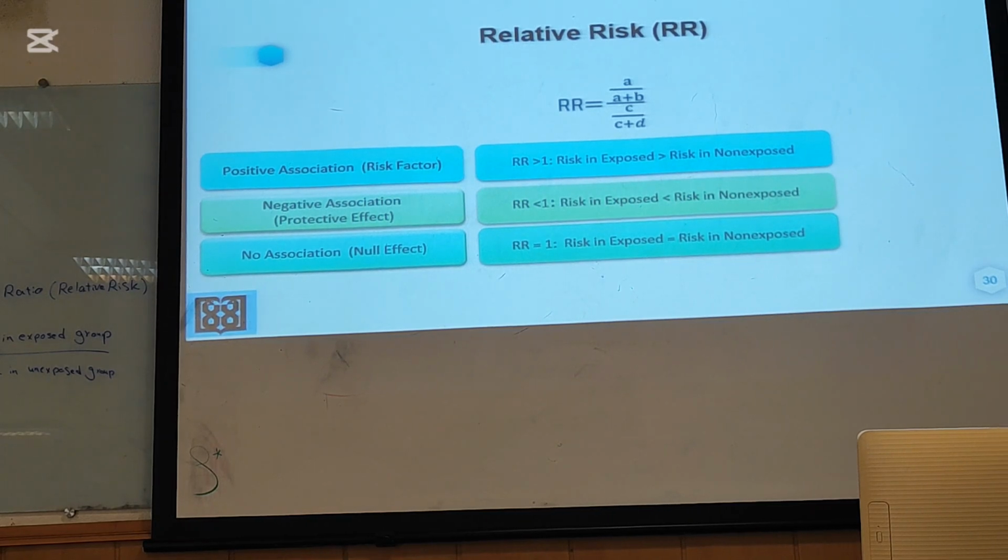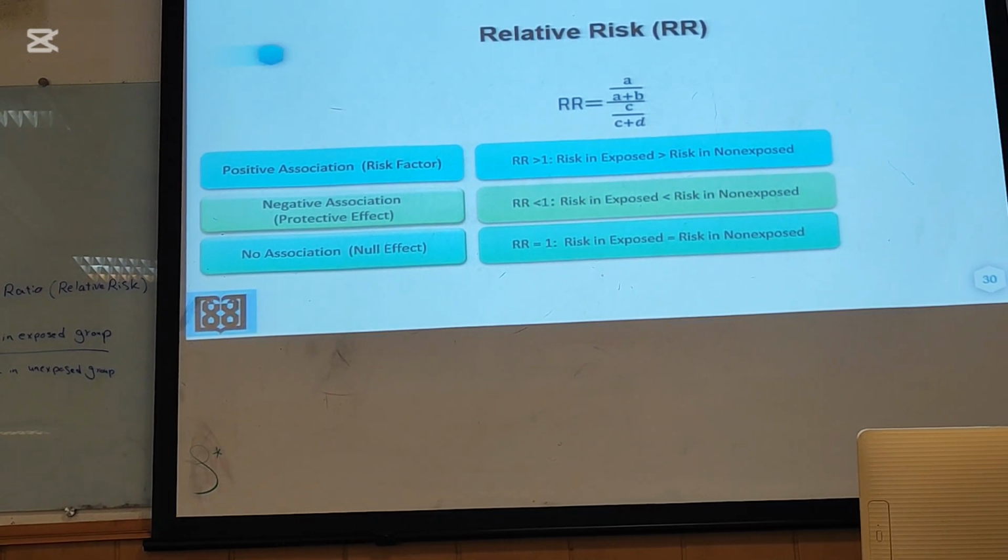For example, you have two groups, one of them receives the vaccine and one group does not receive a vaccine. After that, you calculate incidence of, for example, mortality or getting the disease in the vaccine group and non-vaccine group. And it's logical to see a relative risk less than 1 because vaccine is a protective factor. Yes?